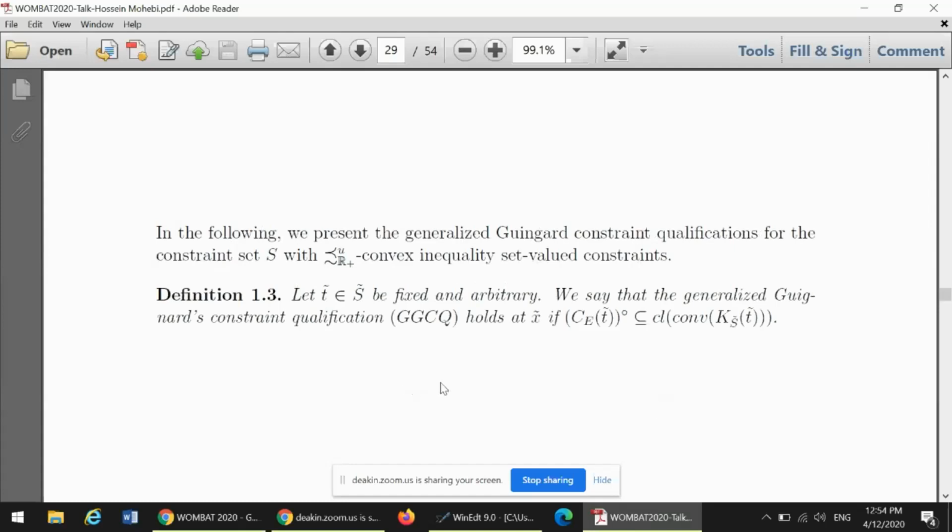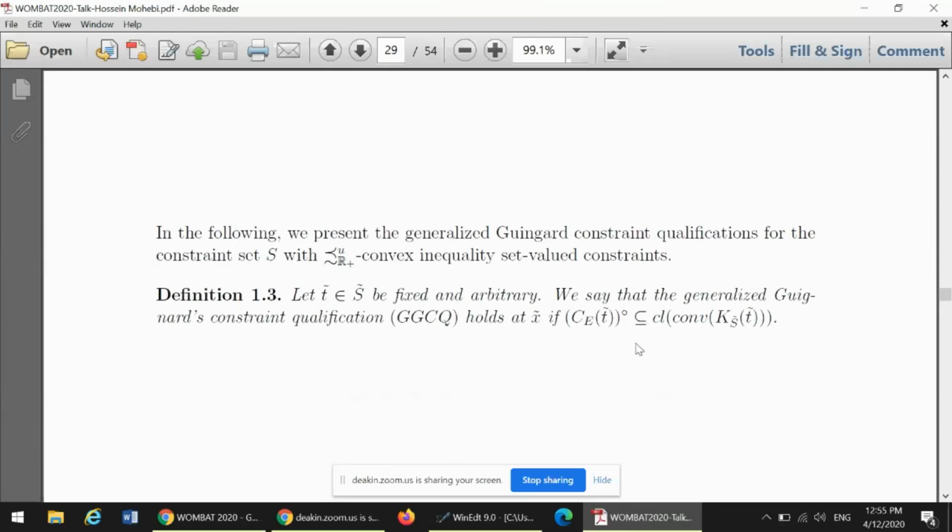Now we define the generalized inert constraint qualification, whenever the constraint set is convex with respect to the upper set-less order relation.